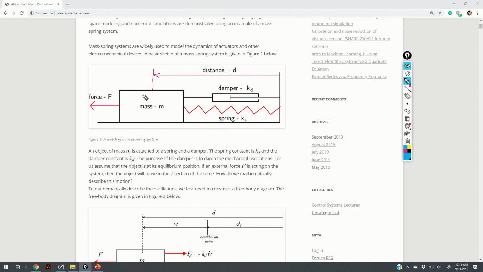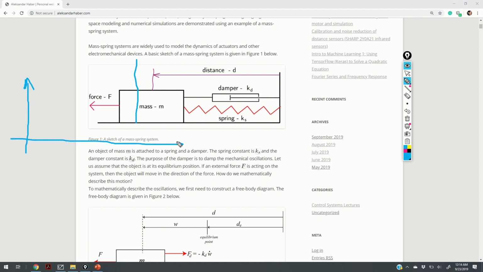Let us assume that the force F is not acting on the system, and that the object is at a certain initial distance from its equilibrium point. What will happen if we release the object? Well, the object, of course, will oscillate.